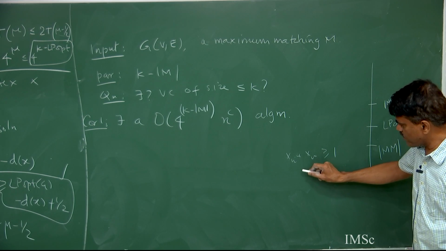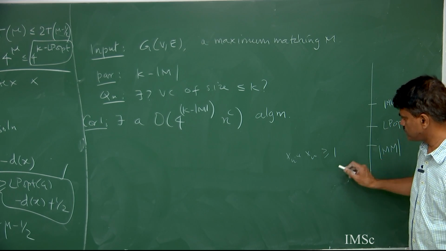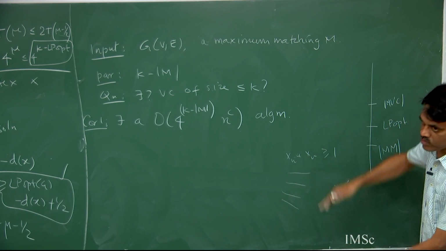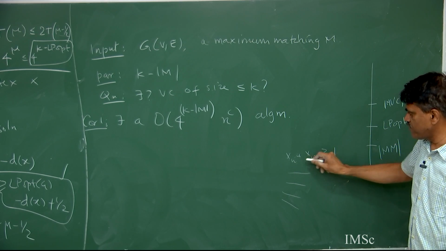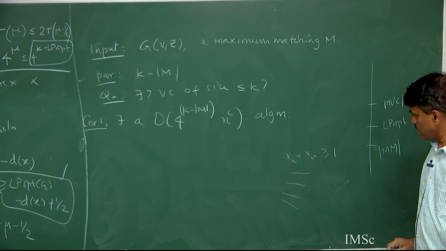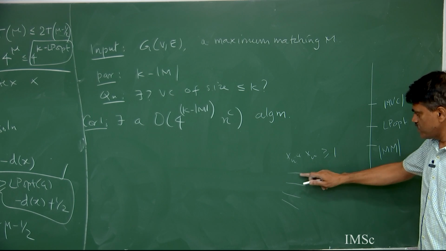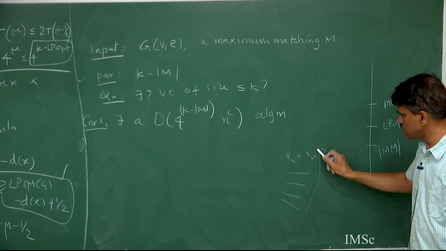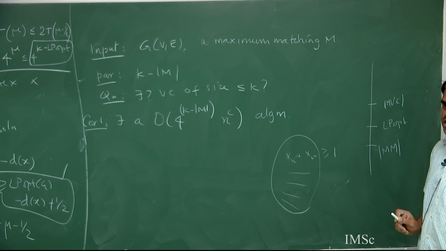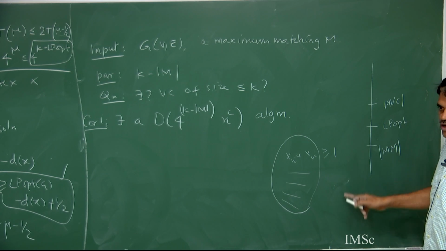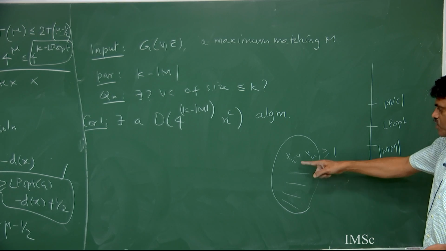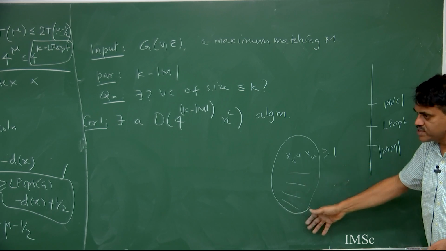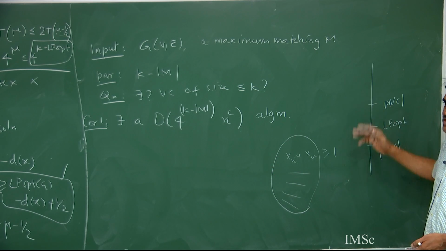Suppose I write this for every edge in the matching. There are more constraints, but if I look at the variables for every edge in the matching, then this sum is greater than or equal to 1, and this is greater than or equal to 1. That means the sum of all these values must be greater than or equal to the size of the matching, because these are all disjoint. And the LP's objective function contains all these plus more. So it will be at least the size of the matching.